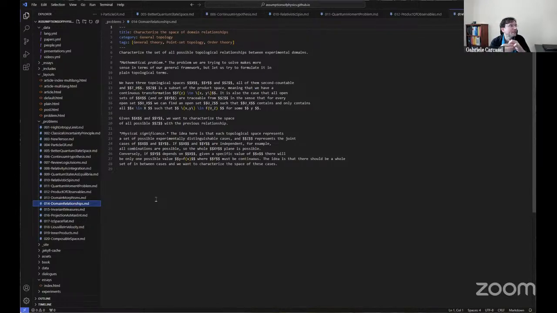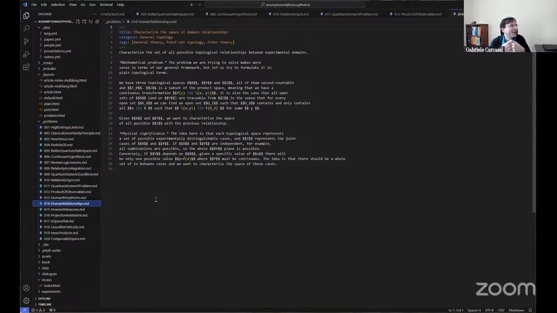Z is a subspace of the product space, meaning that we have a continuous transformation F from Z to X and Y. It is also the case that all open sets of X and Y are traceable from Z, in the sense that for every open set UX we can find an open set in Z such that it contains and only contains all the X in UX, and such that X and Y is in the image of that for some Y. So that's basically what I'm looking for, and I don't know if it's an embedding, an immersion, or something like that. I have no idea.